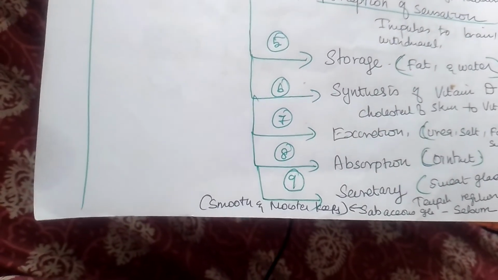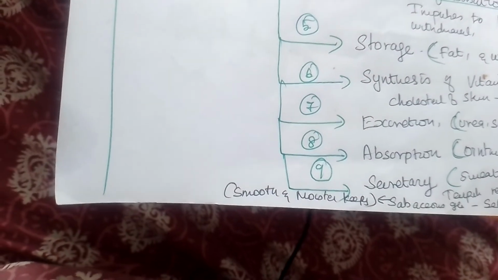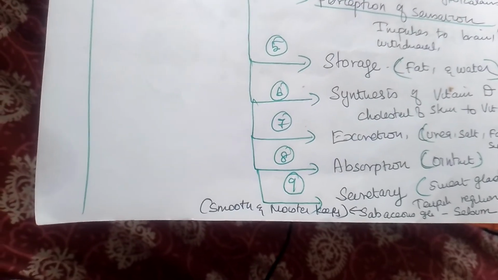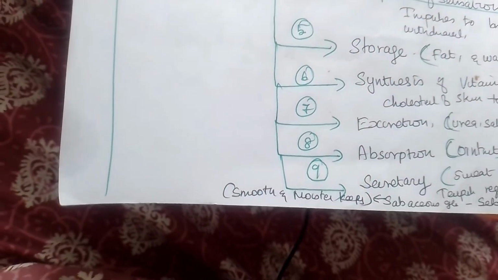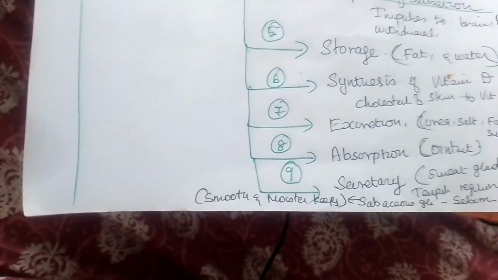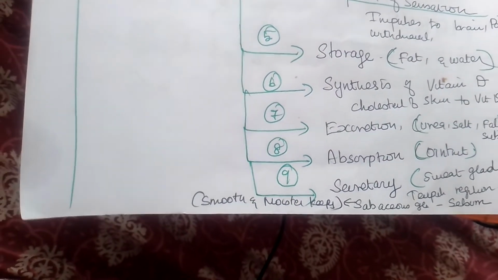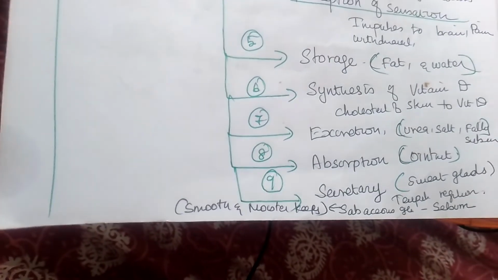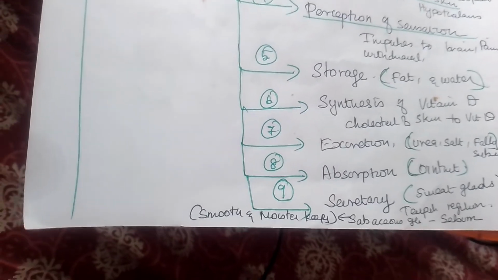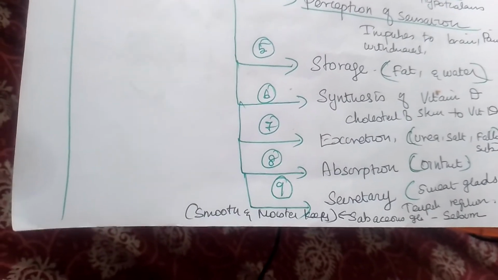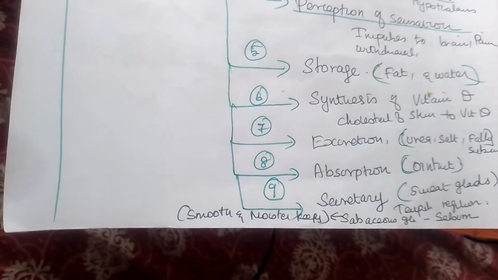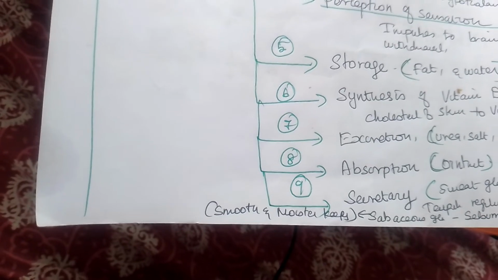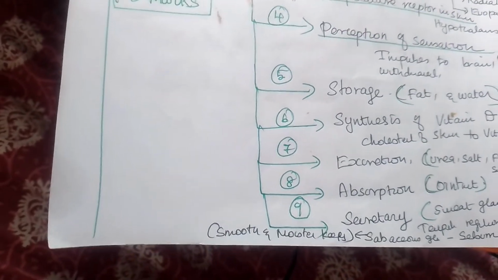Then absorption: when we apply pain ointment, it is absorbed through the skin. Also the secretory function: it has apocrine and eccrine sweat glands, which bring out waste material by secreting. It also helps keep our skin smooth and moist.